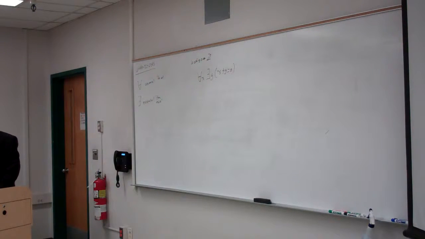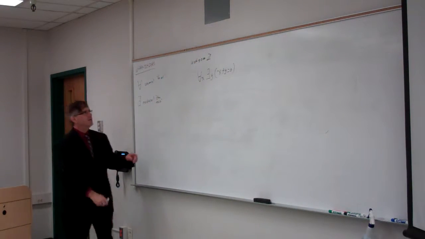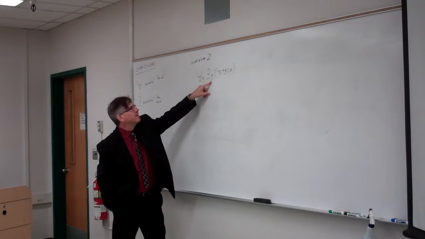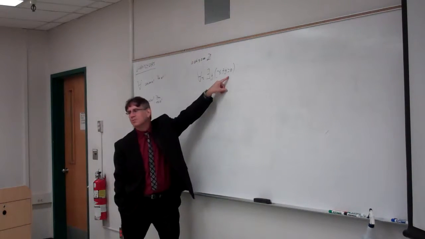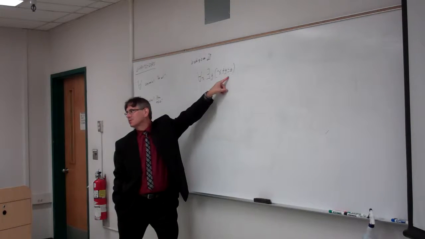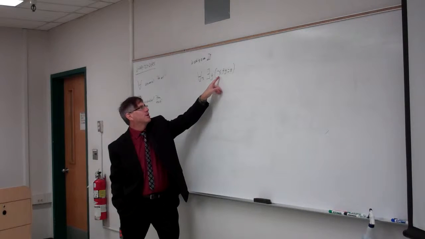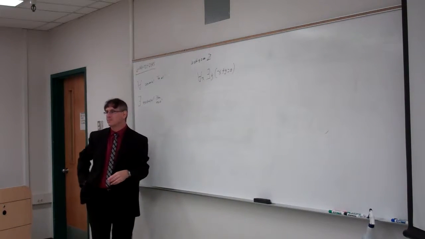So these go left to right. For all x, or any integer x, we can find a y such that x plus y equals 0. Is that true? Yes. Absolutely. We can just set y equal to negative x.